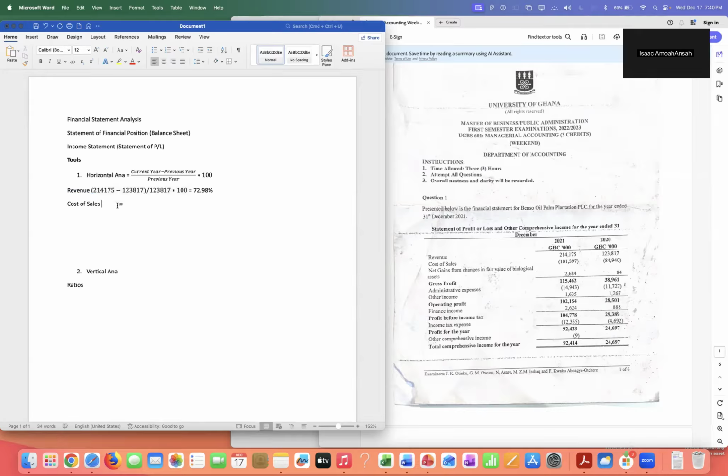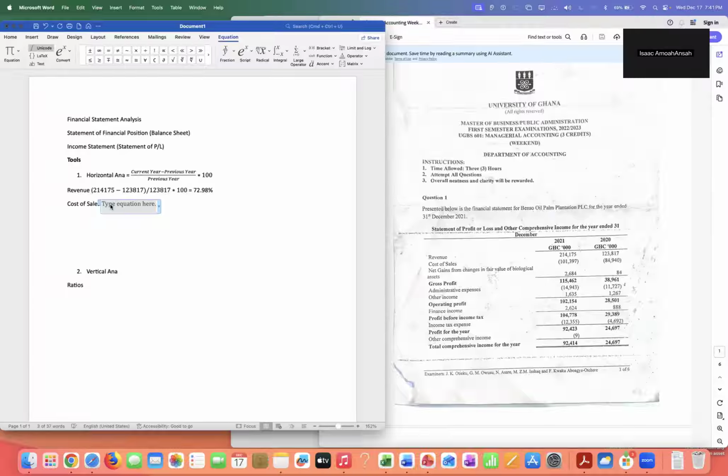Let's look at cost of sales. If we pick up on cost of sales, what is the cost of sales figure for 2021? Current year. The current year cost of sales figure is what? Let me see if you are following. Cost of sales current year.